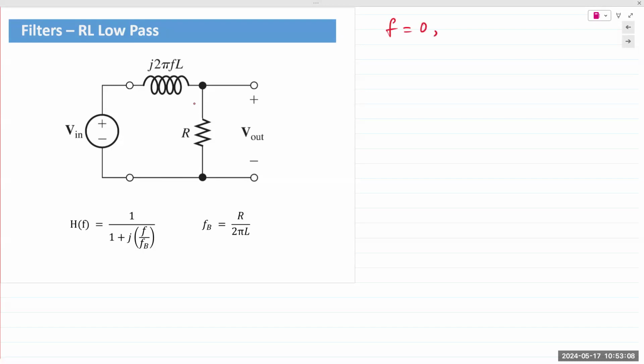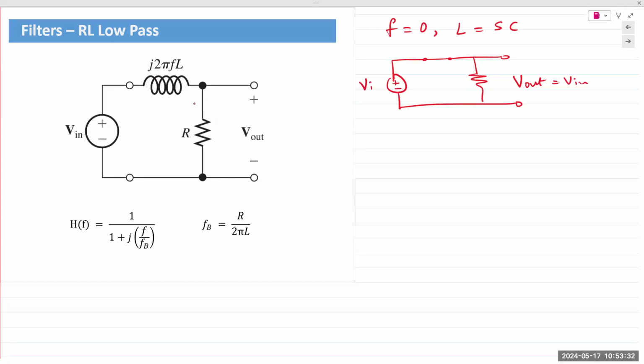As f tends towards 0, the inductor behaves like a short circuit. You get a similar circuit to the first one. V out is equal to V in because of the short.